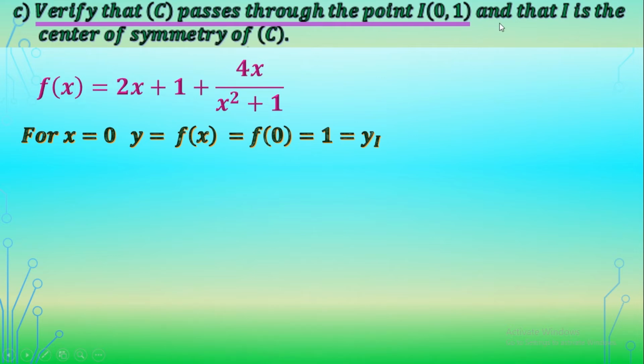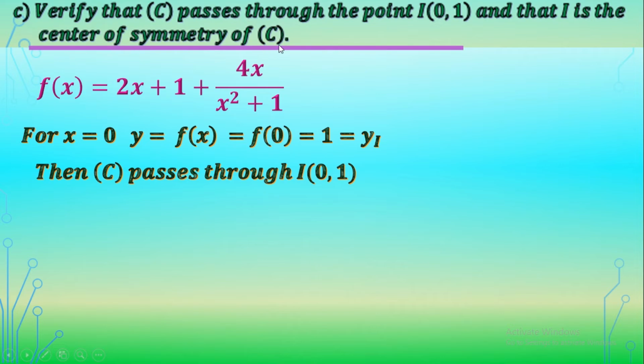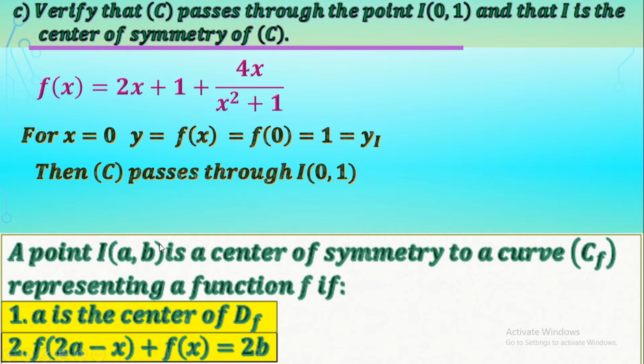Well, now we have another section in this part, and show that I is the center of symmetry to the curve C. How to prove that it's a center of symmetry? If we remember the rule, a point I having coordinates a, b is a center of symmetry to a curve when a is the center of the domain of definition to this function, and f of 2a minus x plus f of x will be equal 2 times b. b is the ordinate and a is the abscissa of this point.